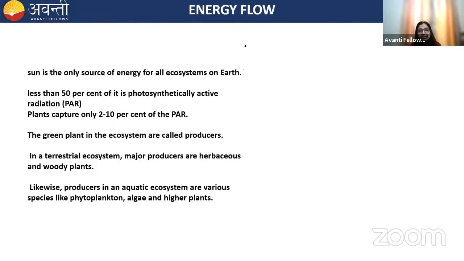Next, we are going to discuss the energy flow. We know that the sun is the only source of energy for all the ecosystem. Let me draw the sun.